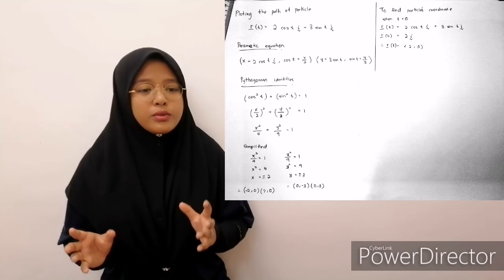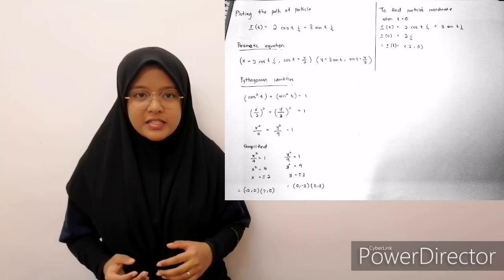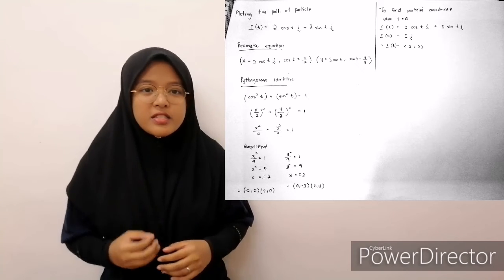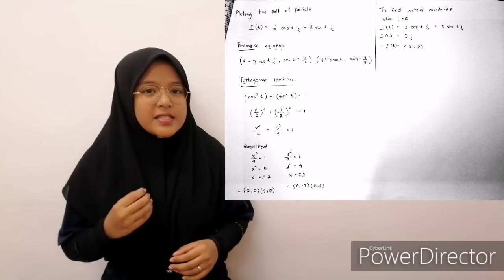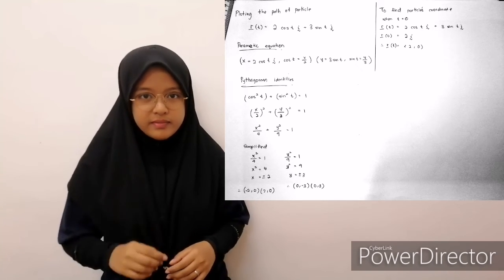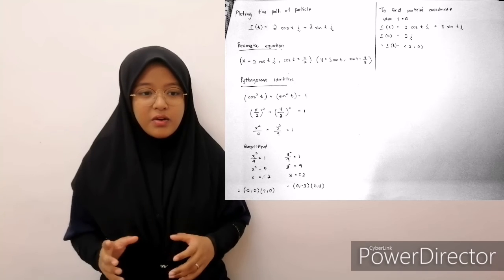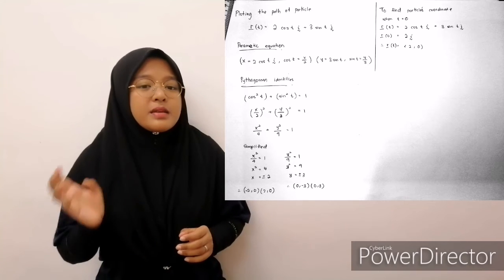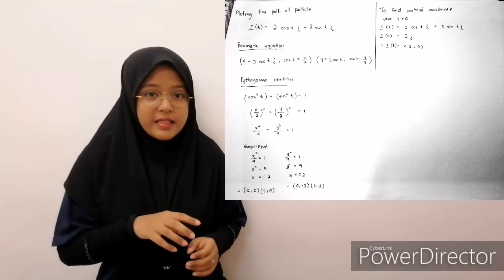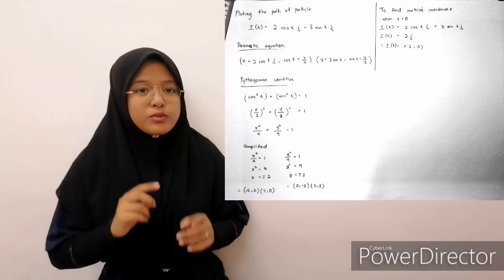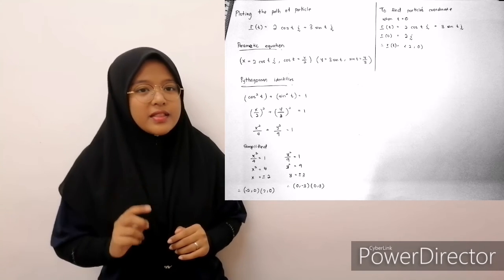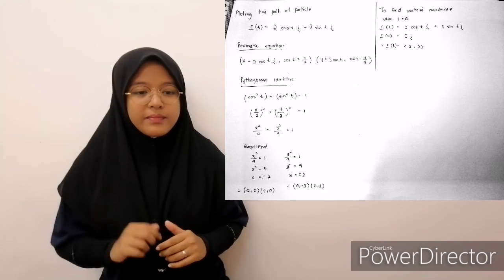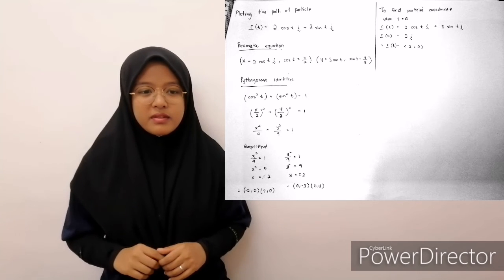Now, we are going to use the Pythagorean identity. As we know, the Pythagorean identity is cos squared t plus sin squared t equals 1. For cos squared t, we substitute x over 2 squared, and for sin squared t, we substitute y over 3 squared, equals 1.